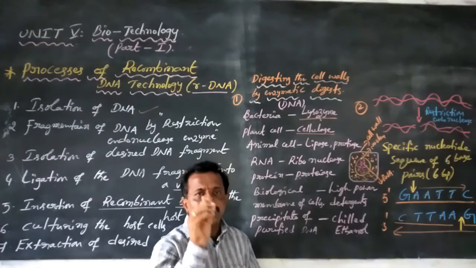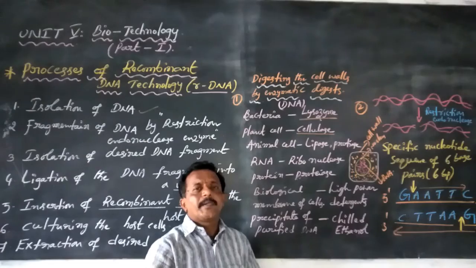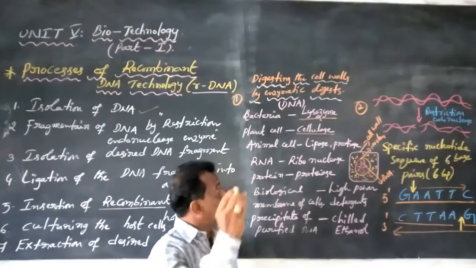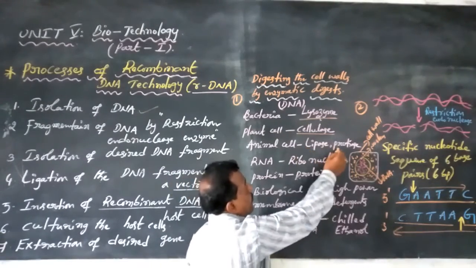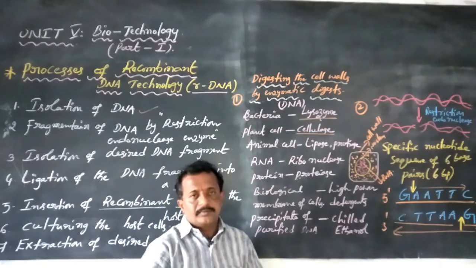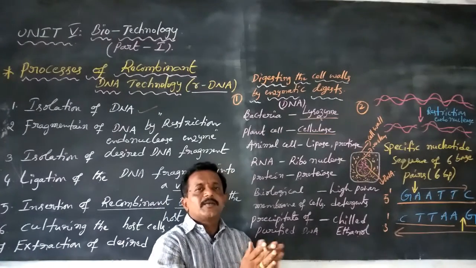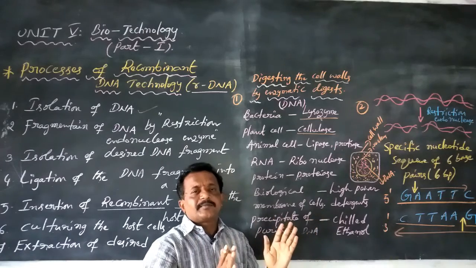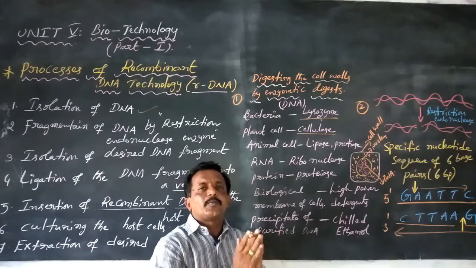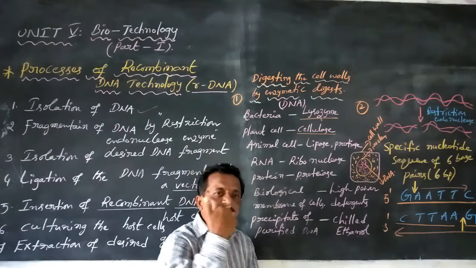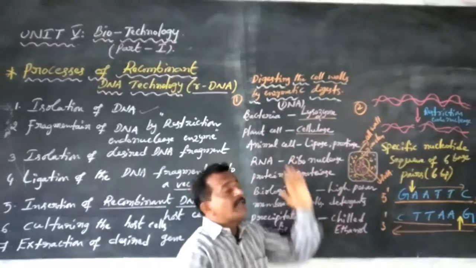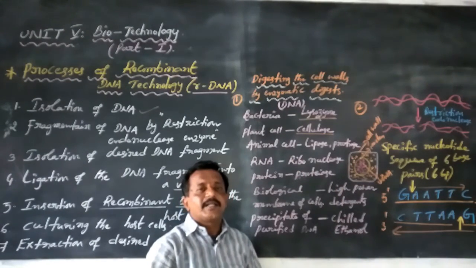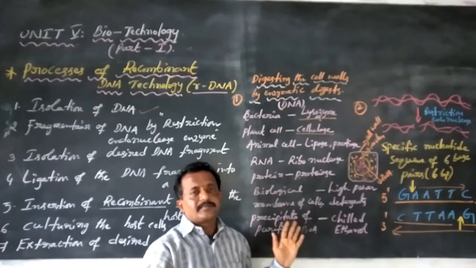This cell membrane is made up of lipoproteins, so we apply lipase enzyme and protease enzyme. The animal cell membrane is easily digested or broken, and then the chromosome material, the DNA genetic material, is easily separated.